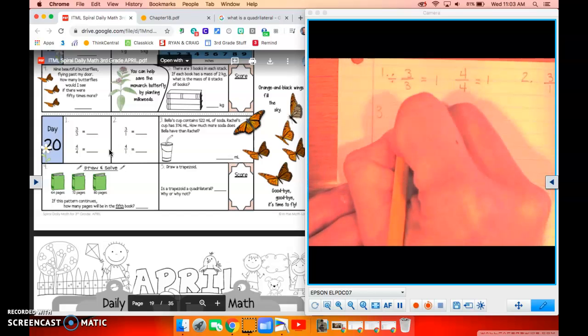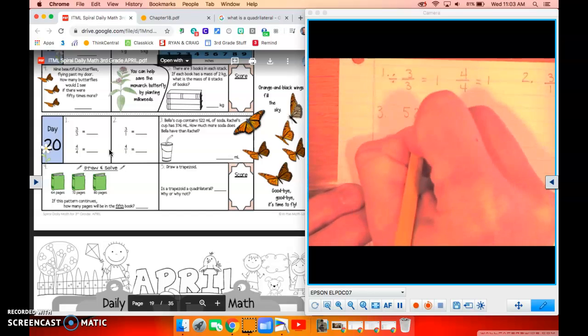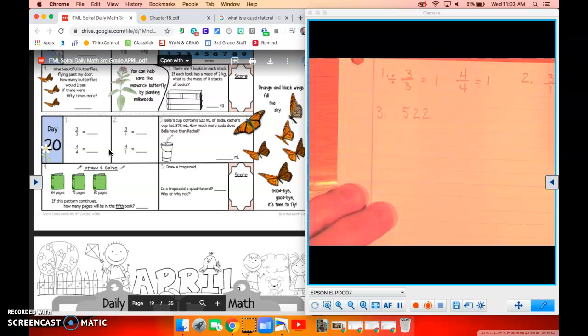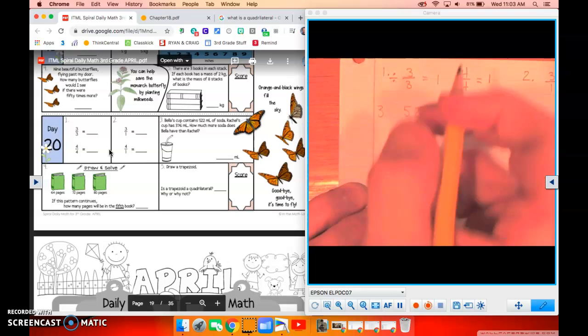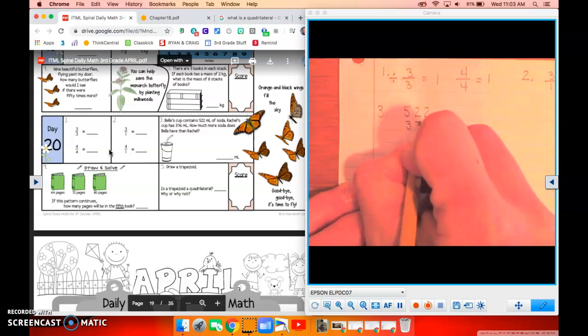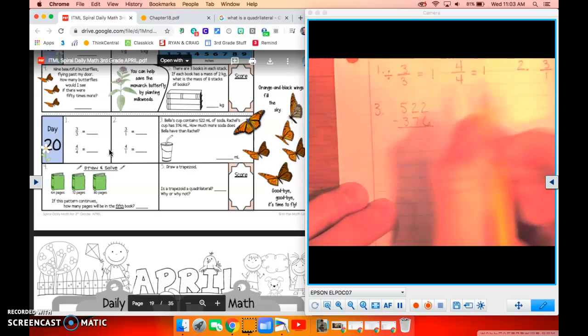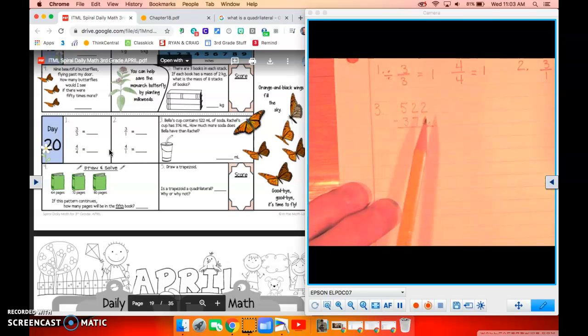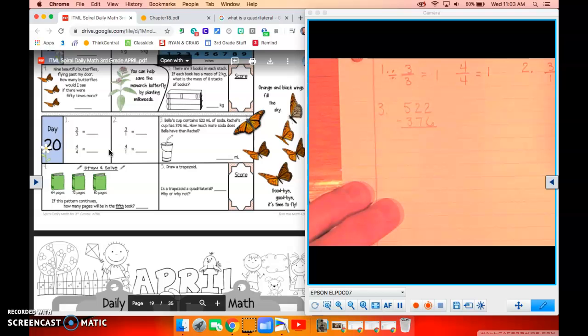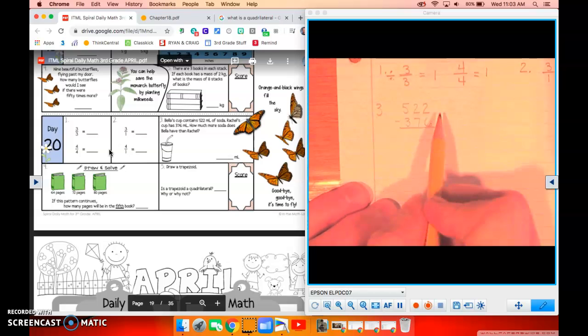So Bella has 522 milliliters. Rachel has 376 milliliters. So we got to find the difference between this number and this number, right? So we were right. It is a subtraction problem. There's more on the floor.